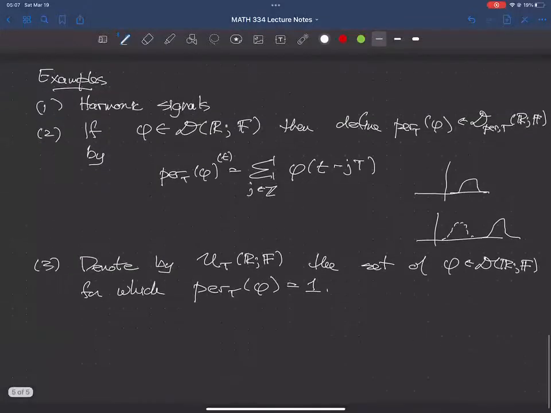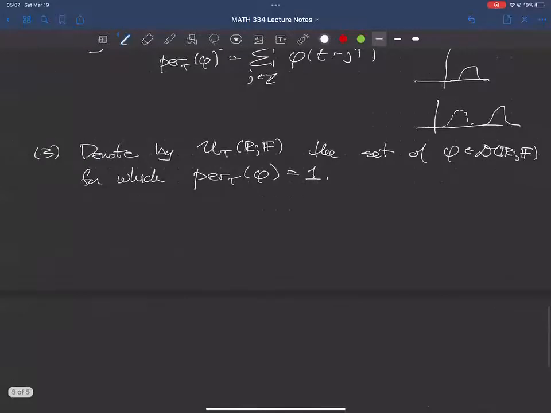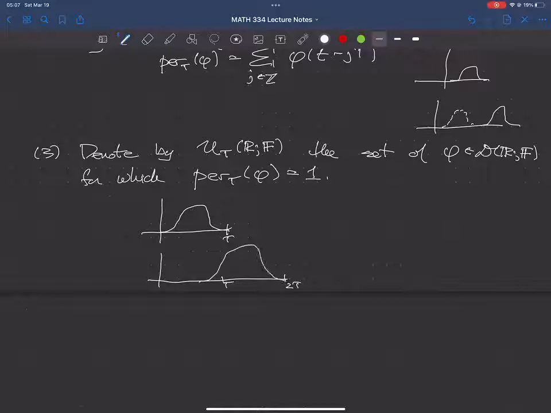But the idea is, with T and 2T marked there, it's going to have to look something like this, so that when you add their values at any point, they add up to 1. My drawing isn't very good, but that's the idea.